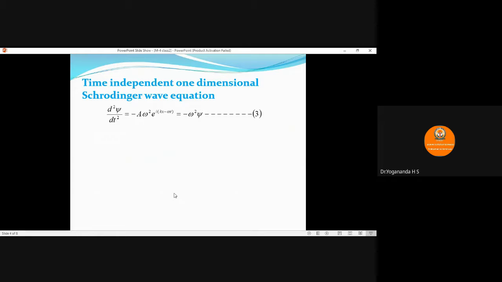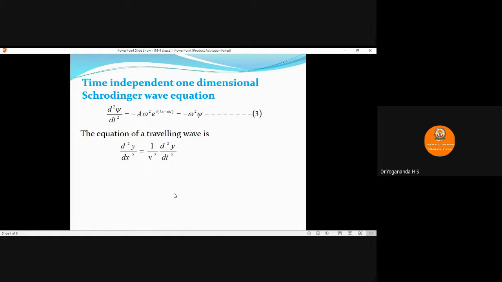Differentiate once again: d square psi by dt square is equal to minus a into omega square into e power of i(kx minus omega t), from equation number 1. Here a into e power of i(kx minus omega t) is nothing but the wave function psi. Substitute that value, so we get d square psi by dt square is equal to minus omega square into psi. Call this equation number 3.